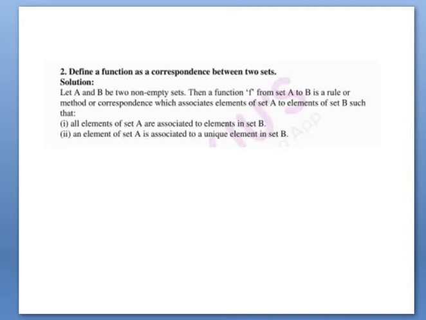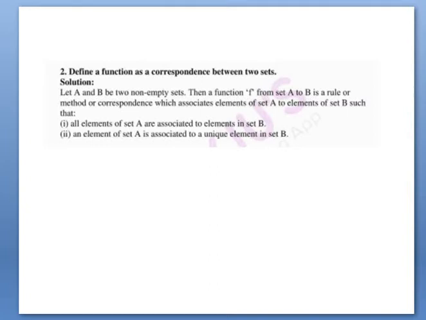Then a function small f from set A to set B is a rule or a method or a correspondence which associates elements of set A to elements of set B, such that here also there are two points to be satisfied by the elements.